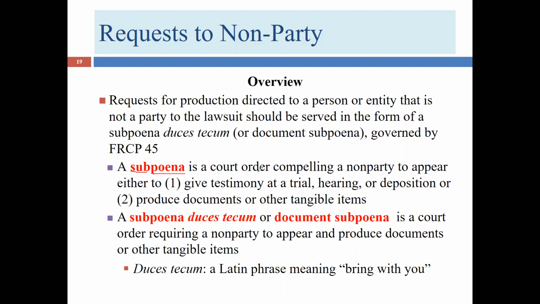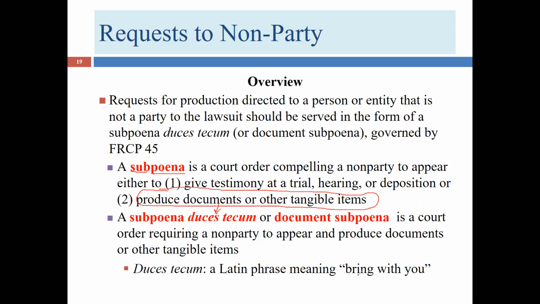So it is a court order compelling that non-party to appear, to give testimony, or in this case, and this is what we're focusing on, to produce documents or other tangible stuff. And when you are producing stuff, we call it a subpoena duces tecum. It requires that you appear and produce the stuff. Although I'll tell you, as a practical matter, you don't really care about the person showing up. You just care about the stuff.